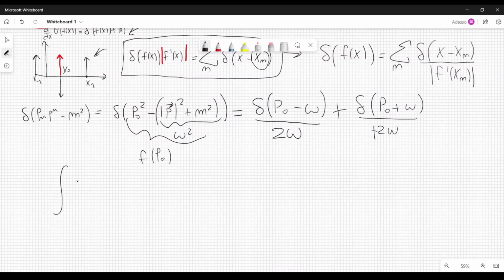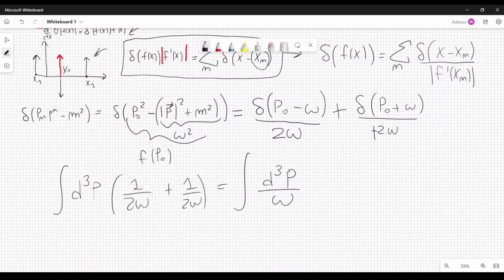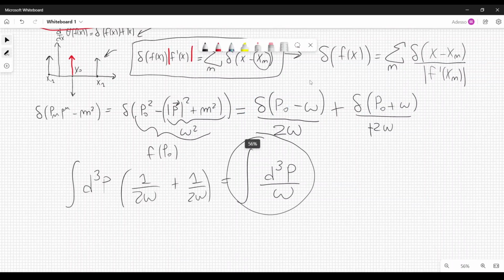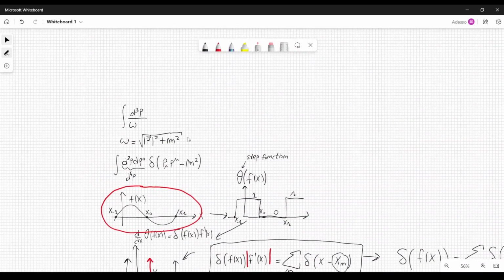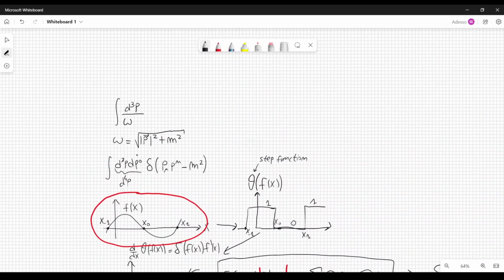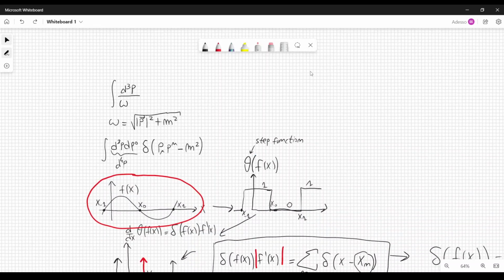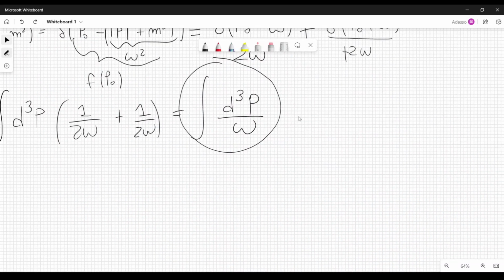So we're going to get integral over d3p, and then we simply have 1 over 2 omega plus 1 over 2 omega. So we will get d3p divided by omega. And this is the result. So since we started from an invariant quantity, because as I said, this quantity here is invariant, then we have proved that also this integral here will be invariant.